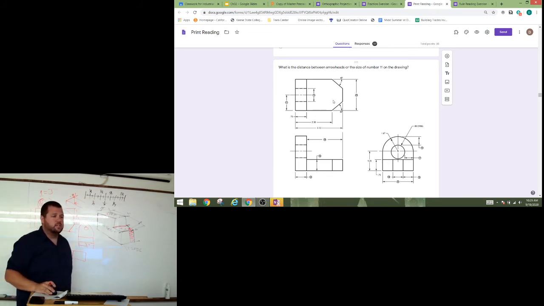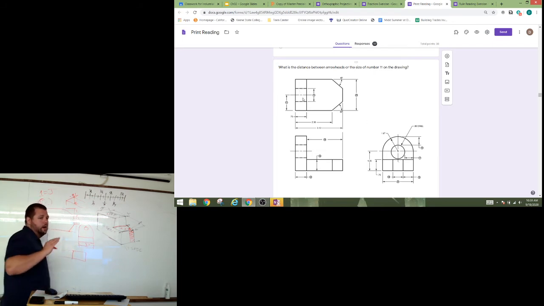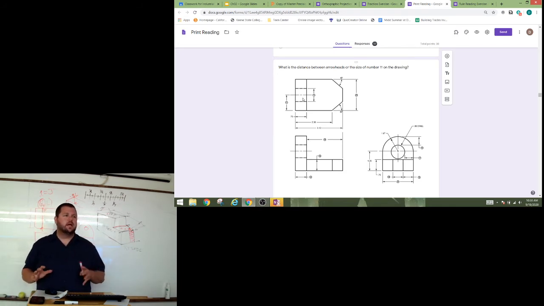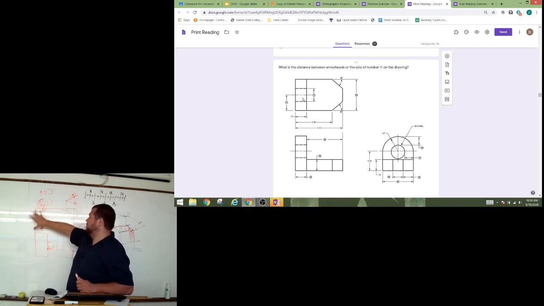So I know that this is 3, so I'm going to either a different part of this main view, so this view here, I might need to look down here, or this view here, I might need to look up here. Whatever view I need to look at, I can get the information to figure out the rest of it. I hope that makes sense. And it doesn't have to be something wide like that. It could be how big is this piece right here, if I know this, and how wide it is.